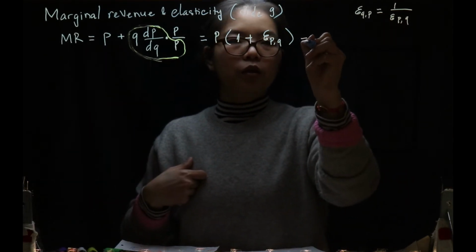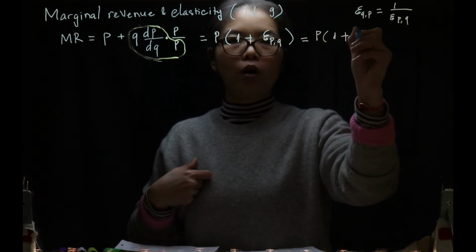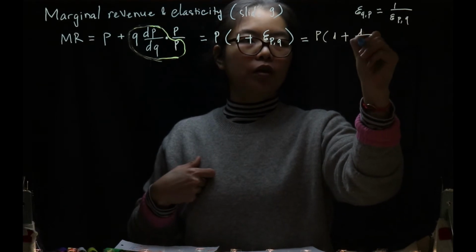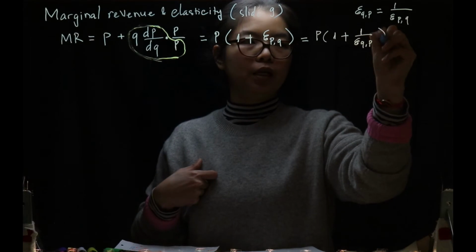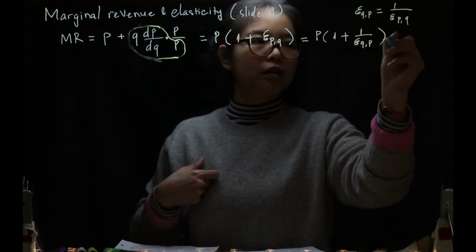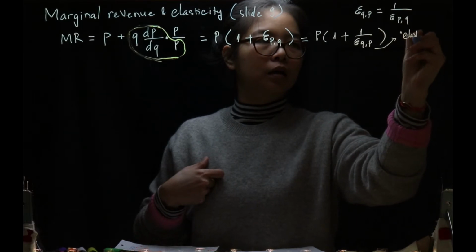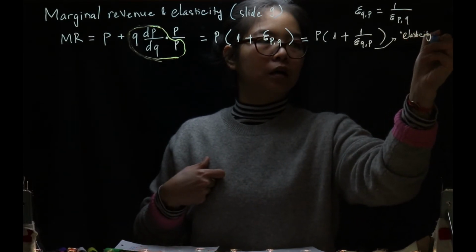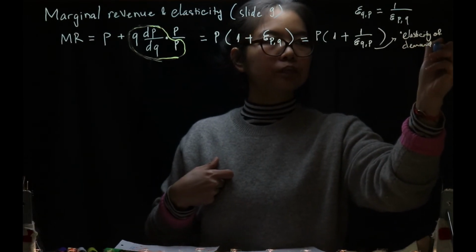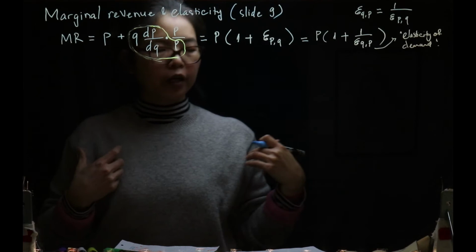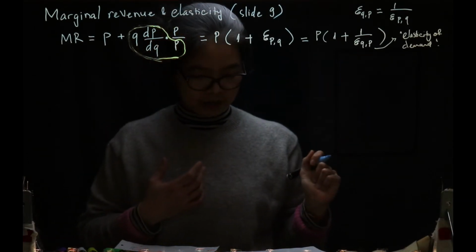Because of that, we could also write this term as 1 plus 1 over the elasticity of Q with respect to P, the elasticity of demand. And now we could estimate it using this elasticity of demand.